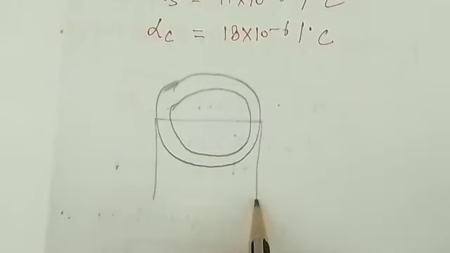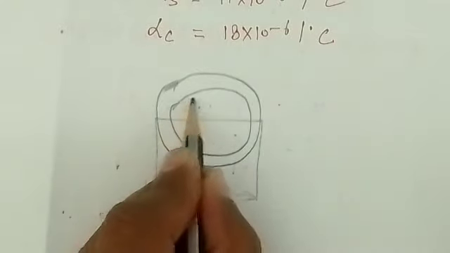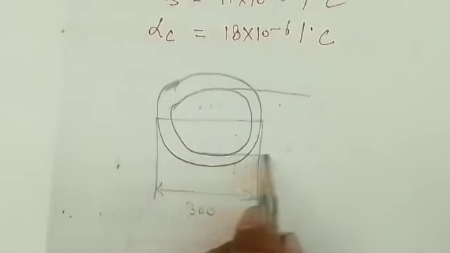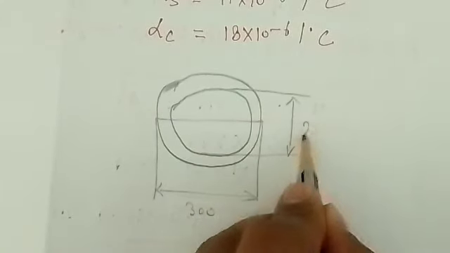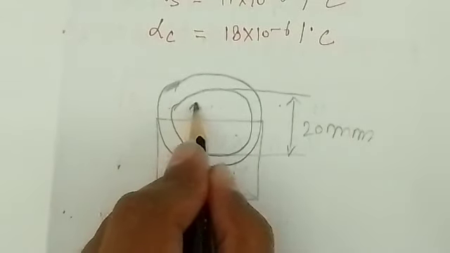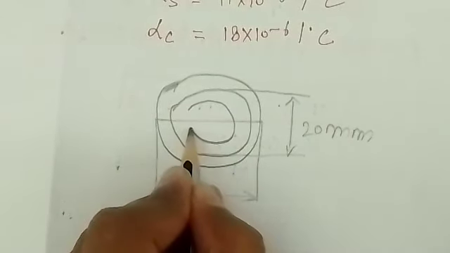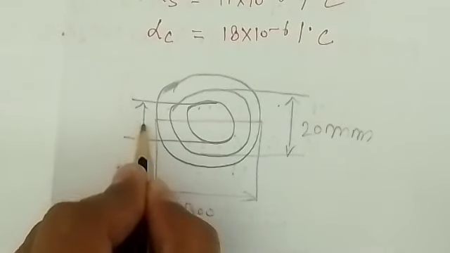So this is your 30 mm, right, and this is your 20 mm. This is steel only, right, 20 mm. Inside this you have one copper rod whose diameter is 15, okay.